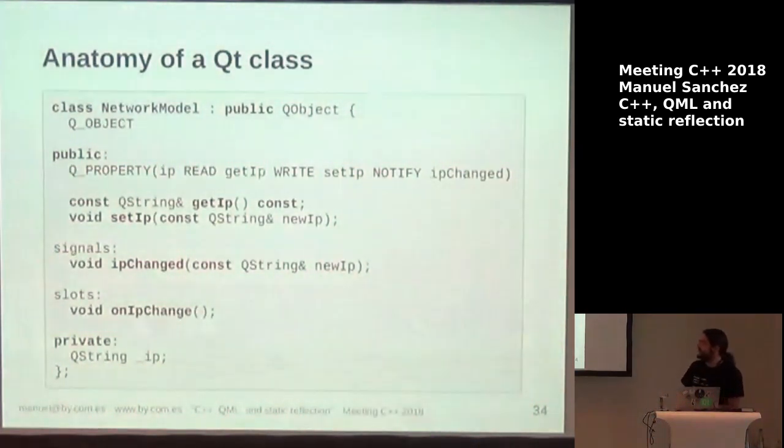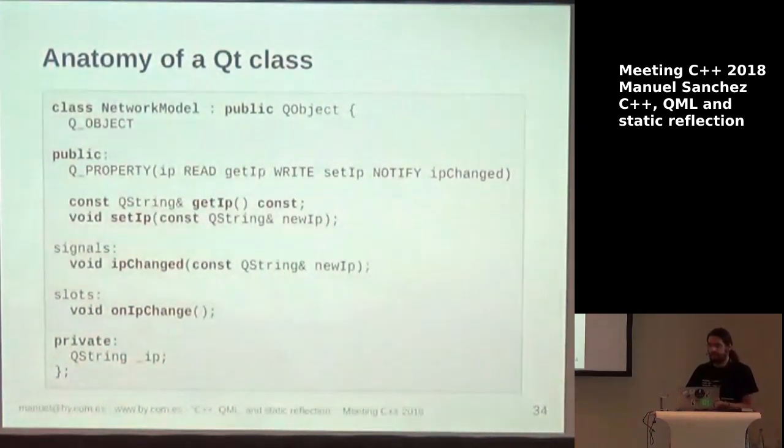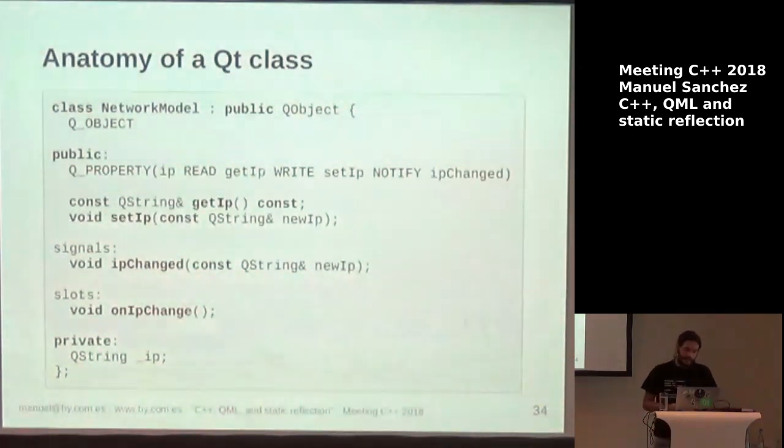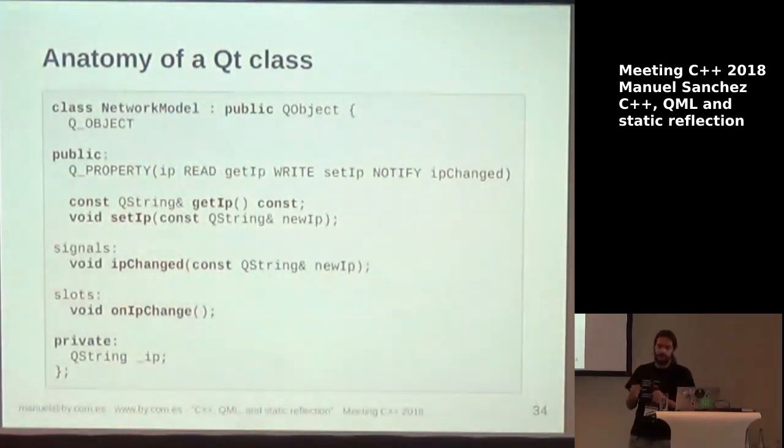Something like this. I have a network model object with a property IP, which is the IP address, and we have a setter and a getter, and then the variable internally. And also we have to declare a signal, which is a way to say the IP address has changed to this value, and tell whatever is subscribed to this object.